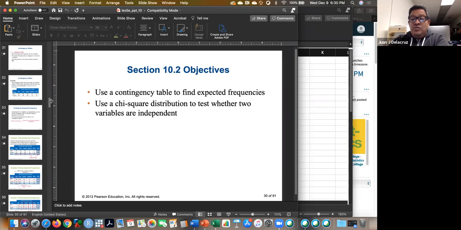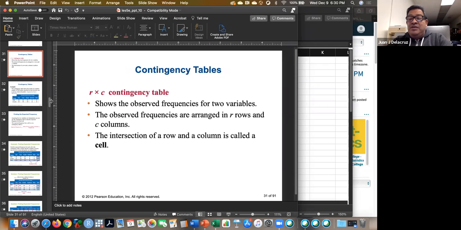In this case, we are going to use a multinomial experiment, but now with contingency tables. Remember, contingency tables are very helpful. We are going to be stratifying variables. For example, say you are looking at cholesterol.